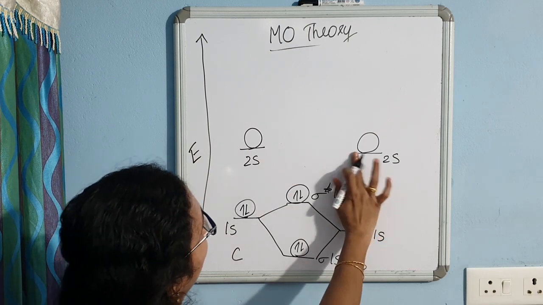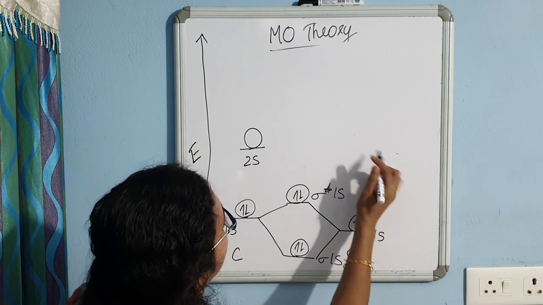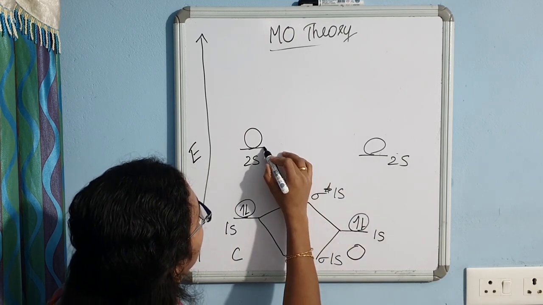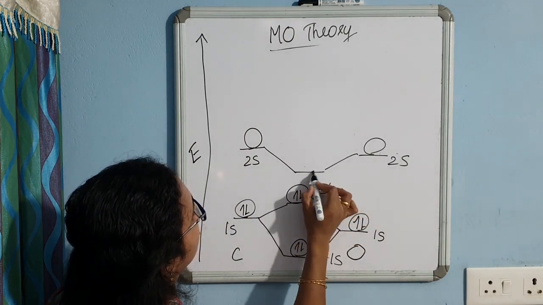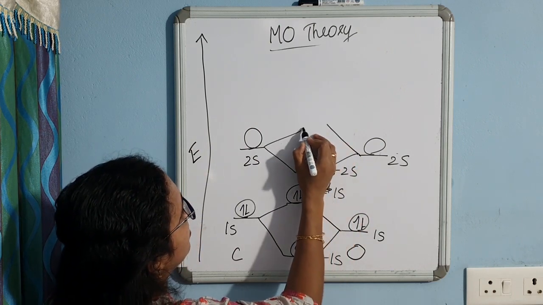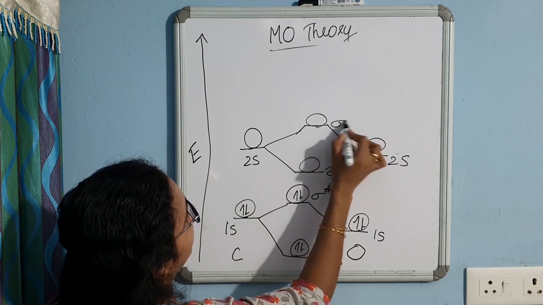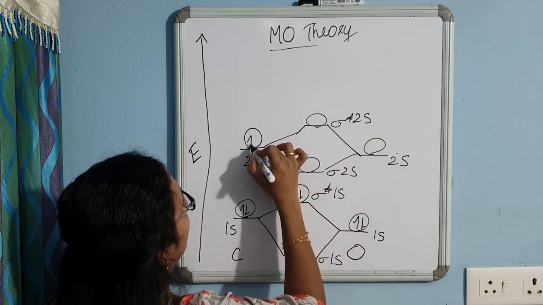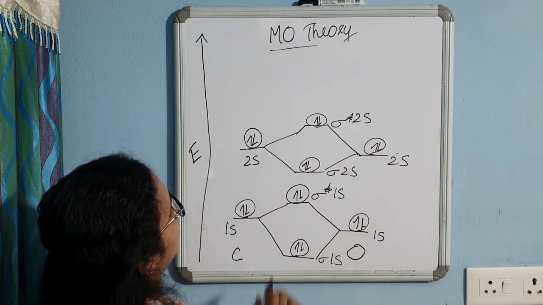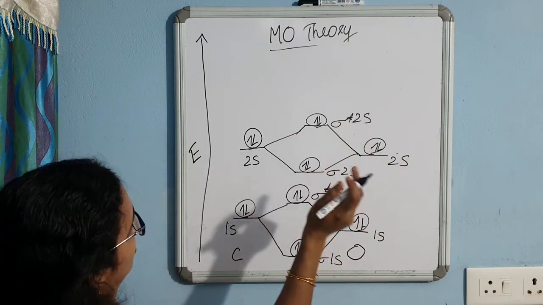Oxygen is slightly lower in energy. So we can draw the sigma 2s and sigma star 2s. There are also 2 electrons each, sigma 2s2 and sigma star 2s2.